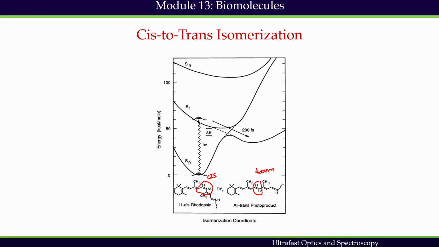So this cis to trans isomerization is the first step of our vision. The moment we see light, a photon excites this molecule to the excited state, and that excitation leads to a photoproduct, which is the all-trans product.